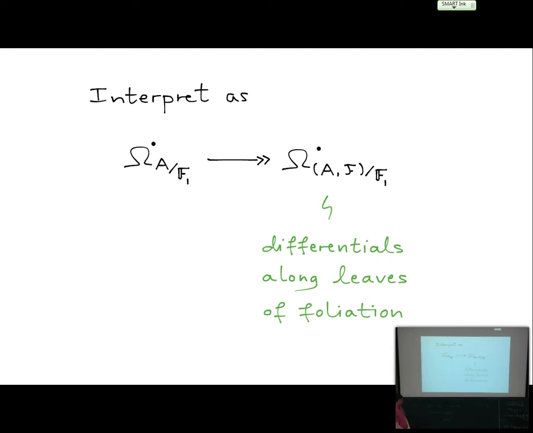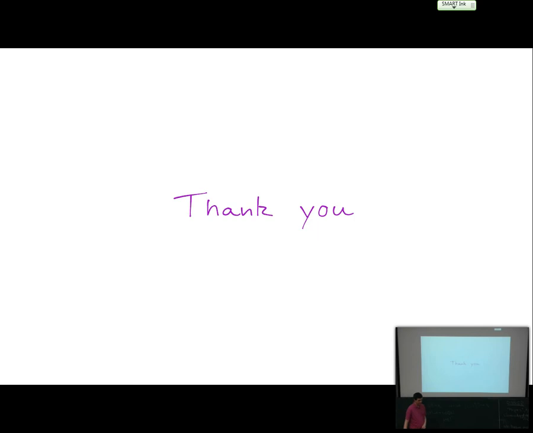So we can think of the big de Rham-Witt complex as defining a foliation on Spec A as an object in this deeper world. I think that's what I had to say.